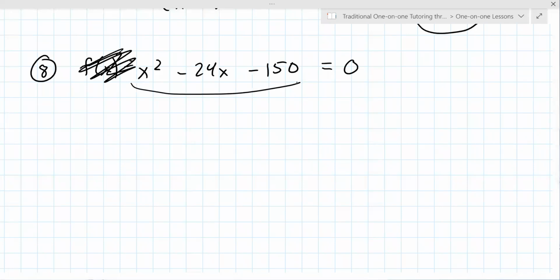x squared minus 24x equals 150, plus 12 squared. What's 12 times 12? It's 144.